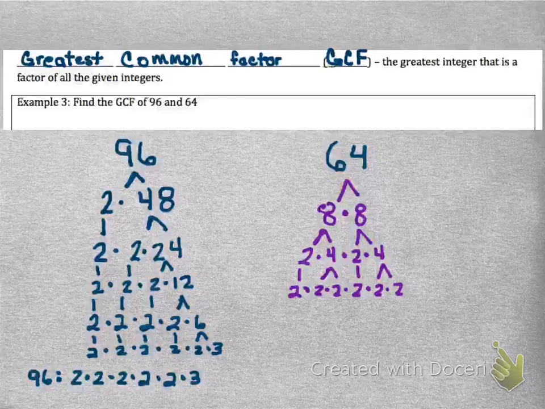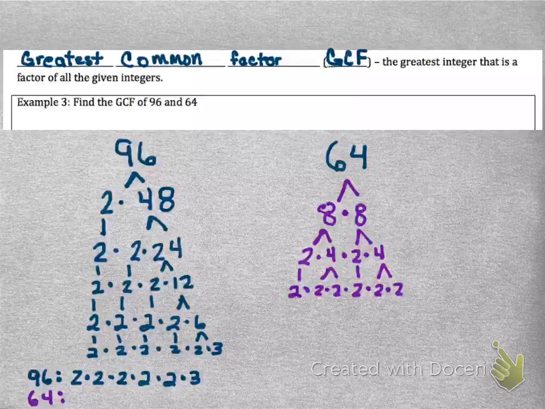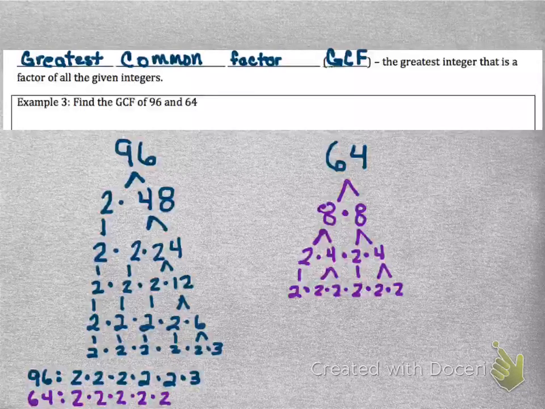So 64 is just a series of 2's. I'm going to go down to the bottom of my page and list out 64's factors. So I have 1, 2, 3, 4, 5, 6 factors of 2. So that was the prime factorization of both those numbers.